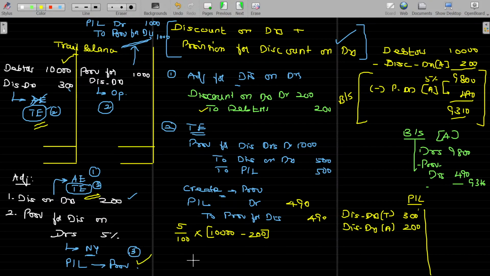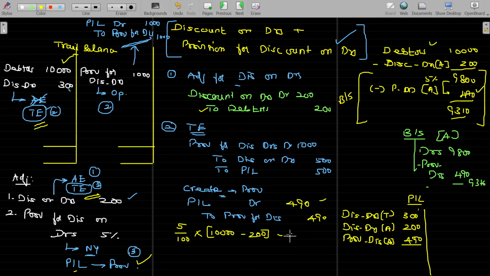And we are supposed to create a provision for the next year's requirement by charging the P&L account. So provision for discount on debtors given in the adjustment, meant for the next year, which is 490. This is calculated either by this statement, or you can find it this way also.